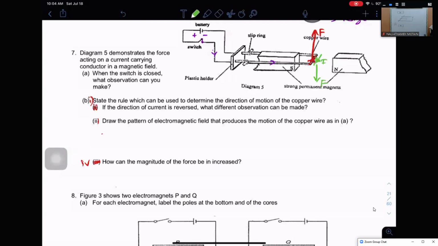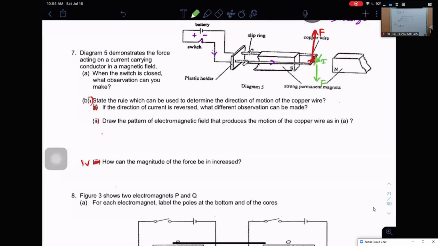So what different observation can be made? Copper wire moves downward.